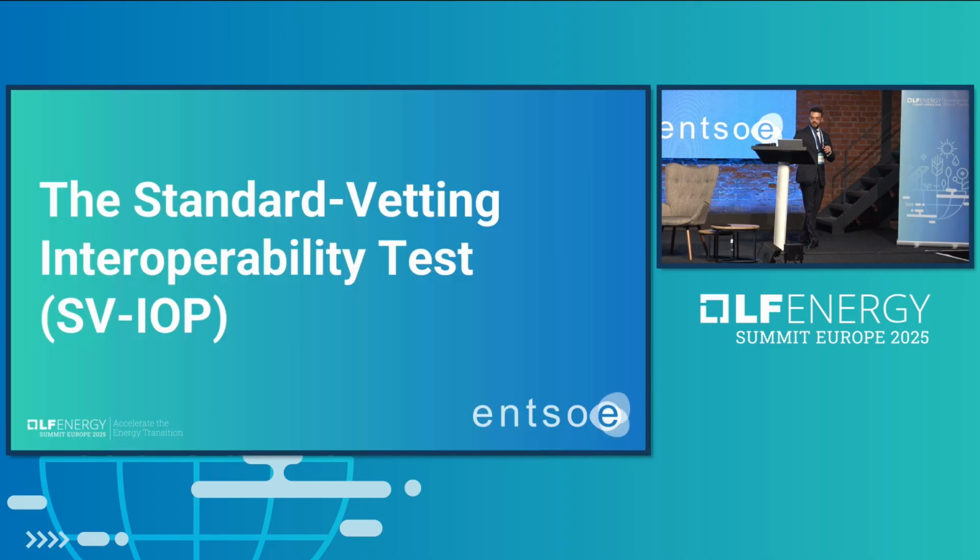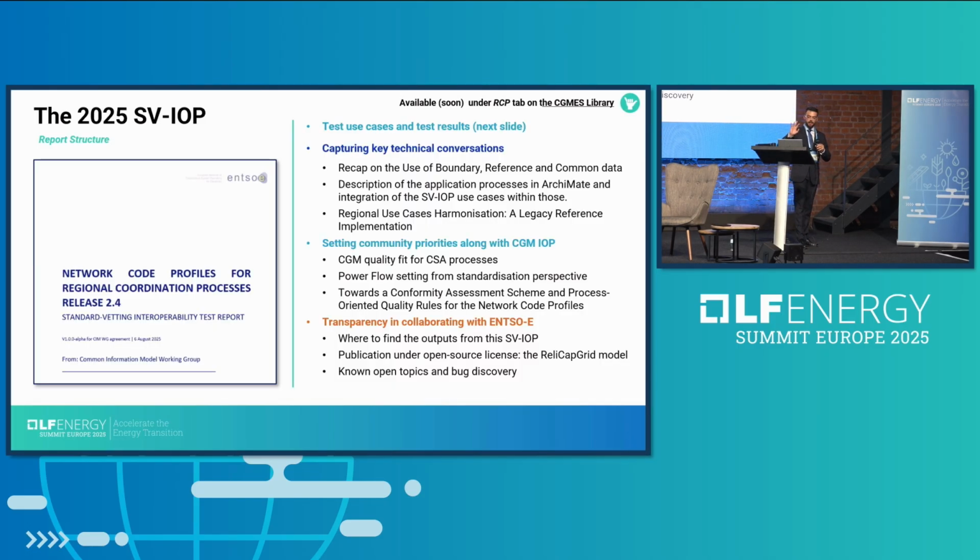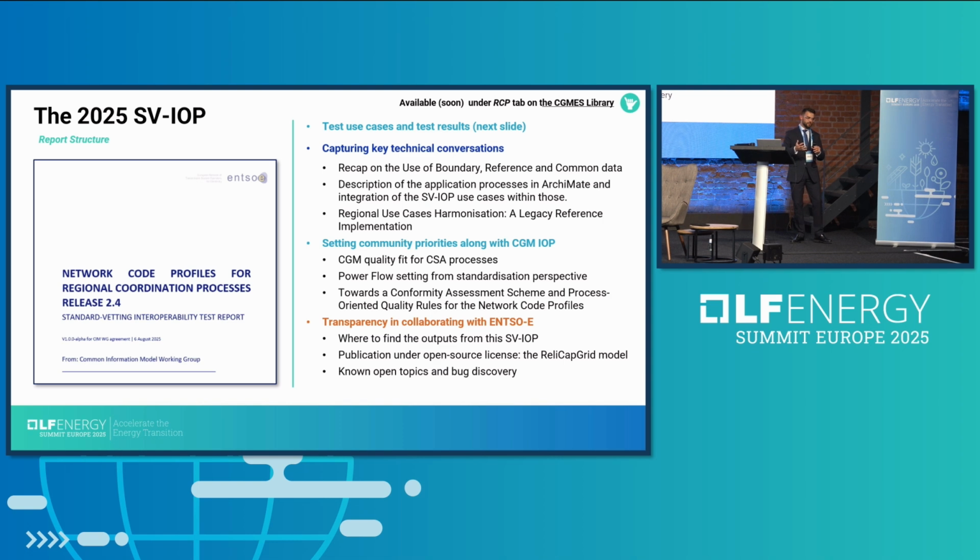But now, the standard vetting IOP. This is, as I said, a collaboration framework. This is most important. And we are delivering a report. This is the structure of it. The test use cases, I will mention them in a second in the next slide. But we capture key technical conversations that software vendors often have. So this was really the opportunity to answer them.